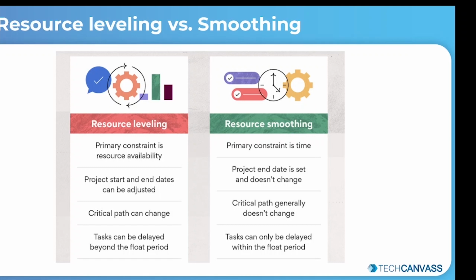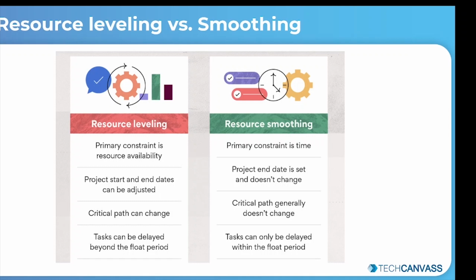Both resource leveling and resource smoothing can be considered resource management techniques. The primary difference between the two is the project constraint that is prioritized. Resource smoothing prioritizes time constraints, whereas resource leveling focuses on the availability of the resources.